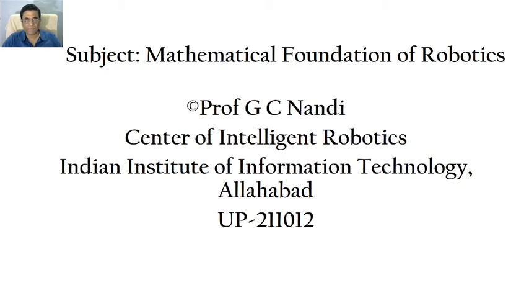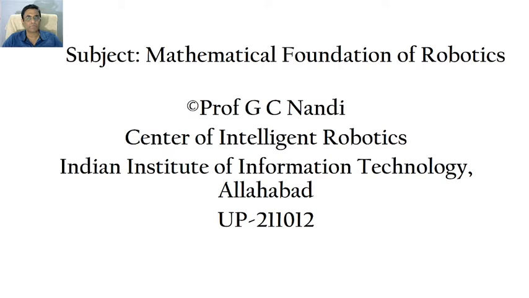Some of the lectures on quaternion, if you are already familiar with them, you can skip. But since the same technology is used by computer graphics people and game designers, I think it will be good if we discuss something about those tools. Okay.